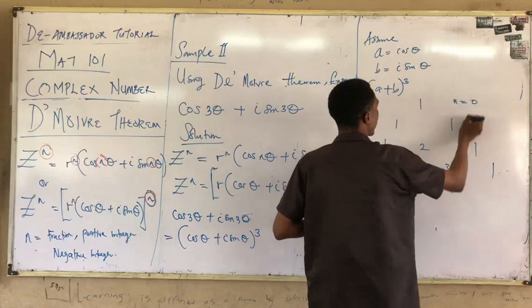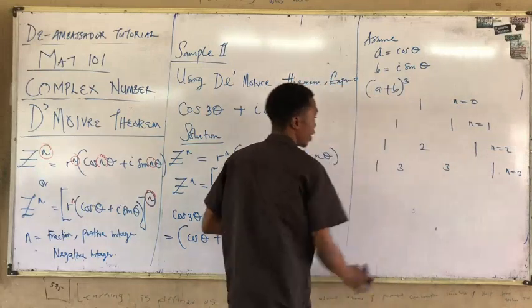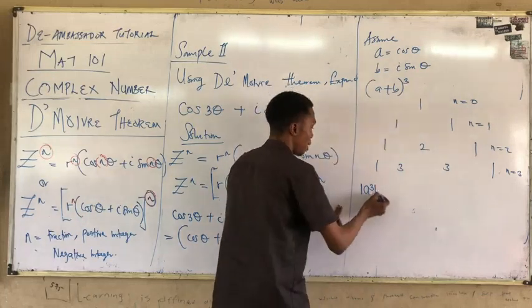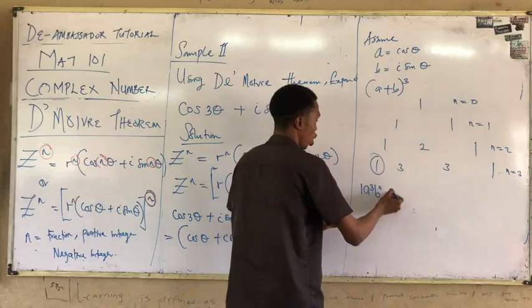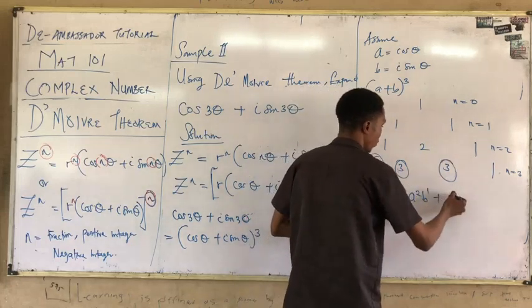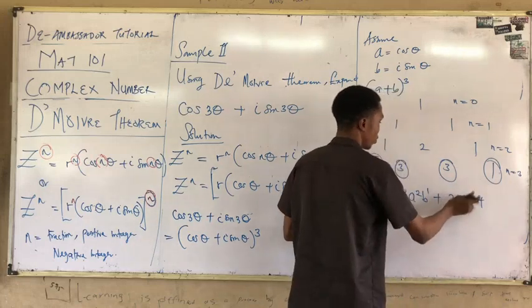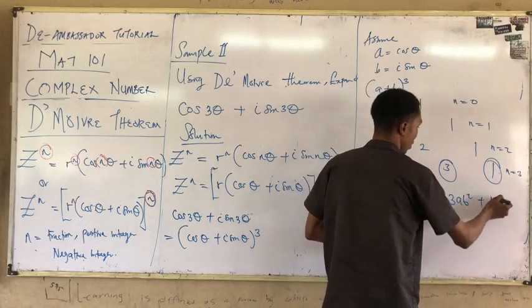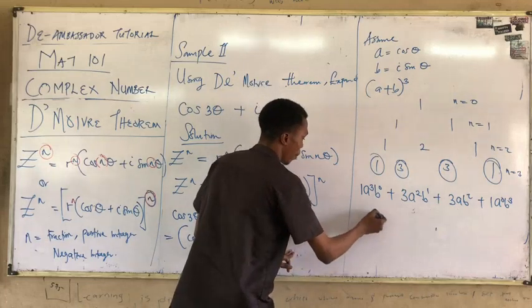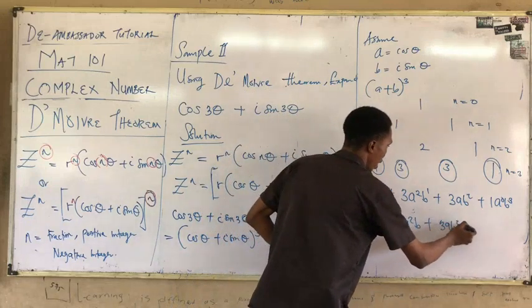What's n here? 3. So we say 1 a in the power of 3, b in the power of 0, plus the next one, 3a squared b, then the next one, then 1, a to the power 0, b cubed. So in this case, I can write it as a cubed plus 3a squared b plus 3ab squared plus b cubed.